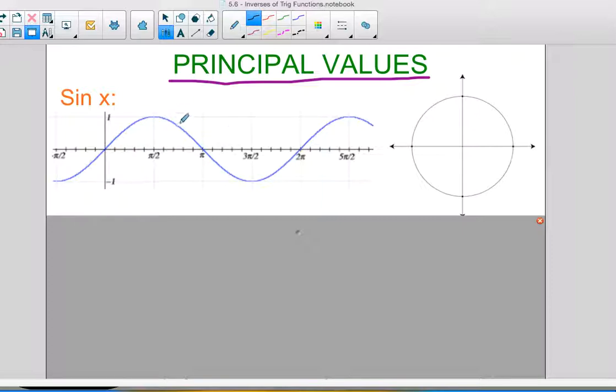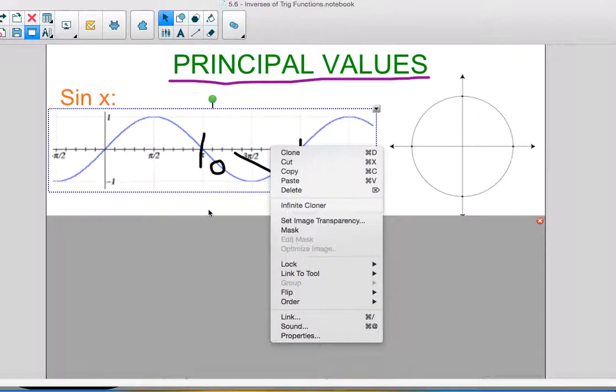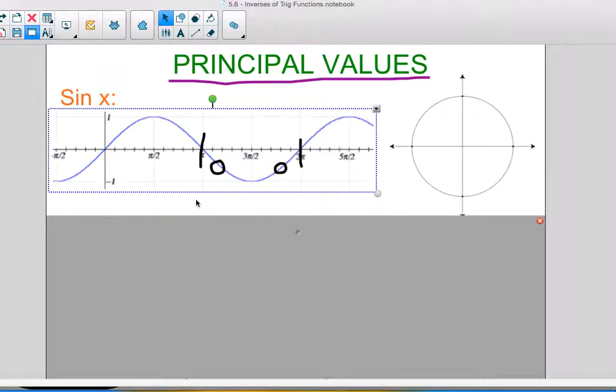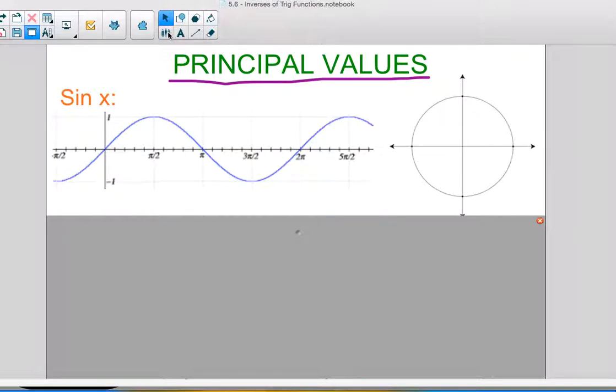So, let's say we're going to cut it off between pi and 2 pi. Well, that's a problem because these y values repeat, which means if you graphed it as an inverse, the x values would repeat and it wouldn't be a function. So we want spots where it wouldn't repeat y values, so the x values don't repeat, but that also cover every single y value.